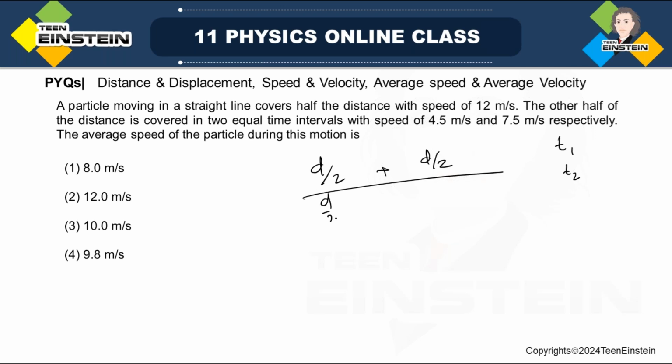So d by 2 divided by 12, so this will be 12 only, plus d by 4 into this. This is d by 18 plus d by 30.